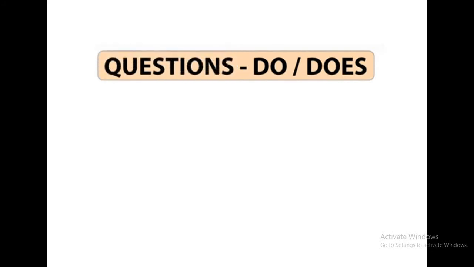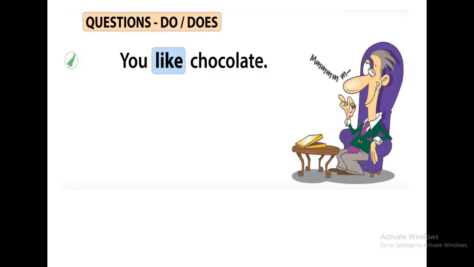Questions with like. For questions, we simply add do or does at the beginning. For example, you like chocolate. This is an affirmative or positive sentence. So how can we change this into a question? For I, you, we, they, we add do at the beginning to make it a question.